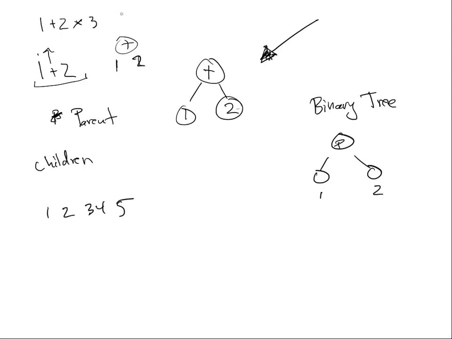I'll pick 4, for example, as my root node. Remember I said everything less than 4 I'm going to store on the left side of my tree, and everything greater than or equal to, I'm going to store on my right side. So I'd put the 5 over here based on that rule.